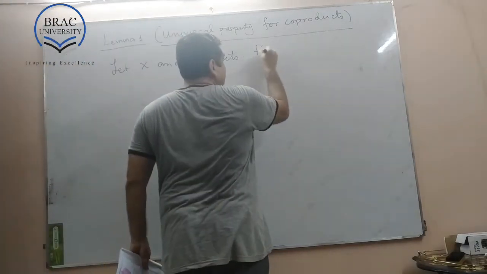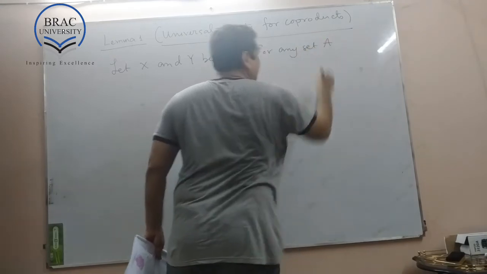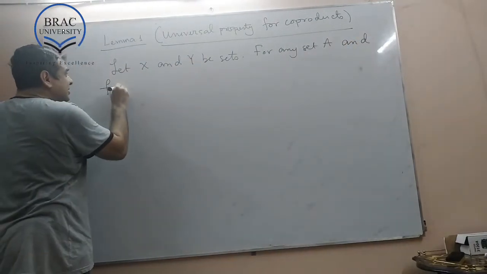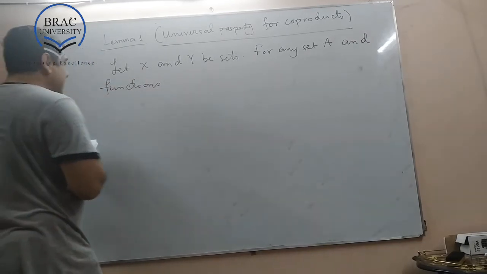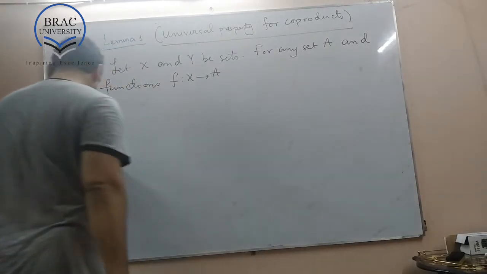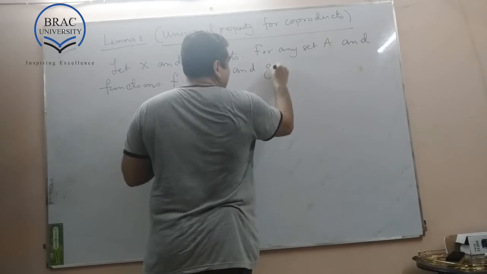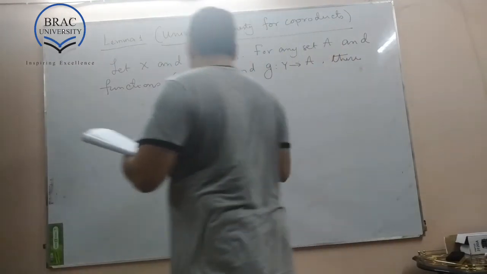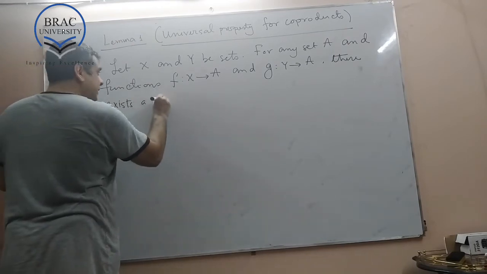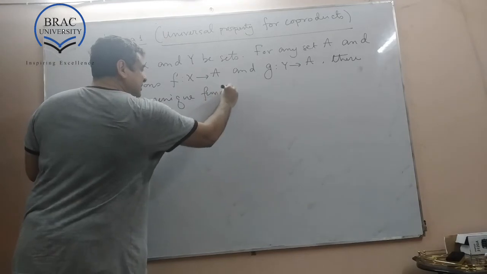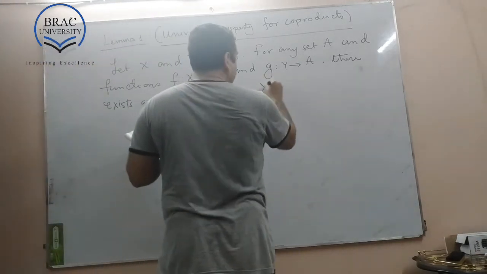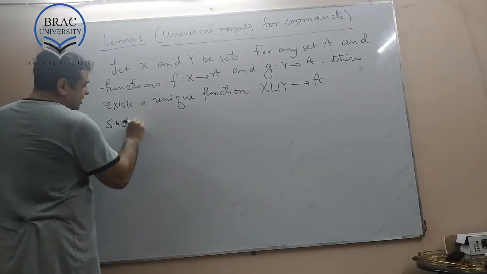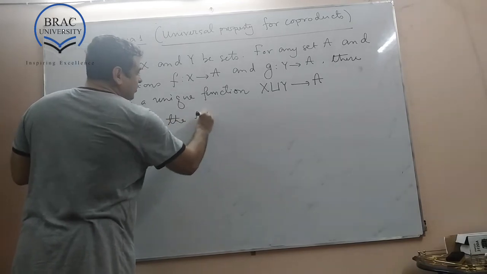For any set A, and functions f from X to A and g from Y to A, there exists a unique function from the disjoint union of X and Y to A, such that the following diagram commutes.